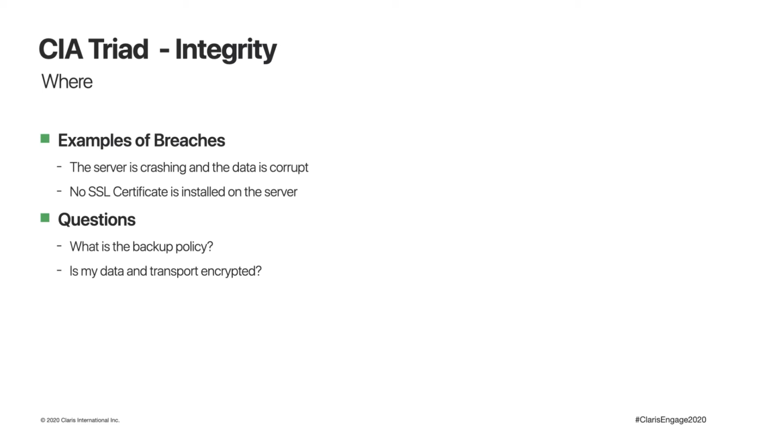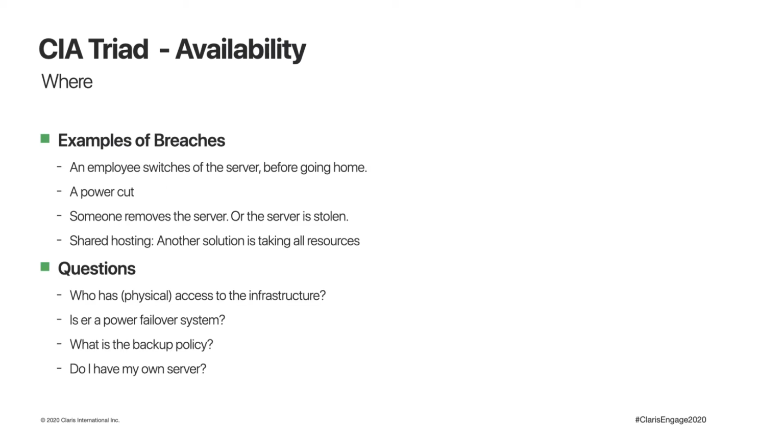A third aspect is the availability, which is the most common one if you think of infrastructure and hosting. So examples of breaching is an employee just switches off the server before going home, and none of his colleagues can have access to the data or to the solution. An unexpected power cut can happen, or a network cut can happen. Someone removes the server.